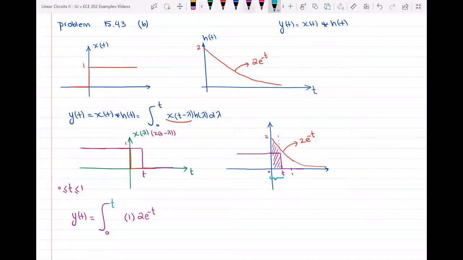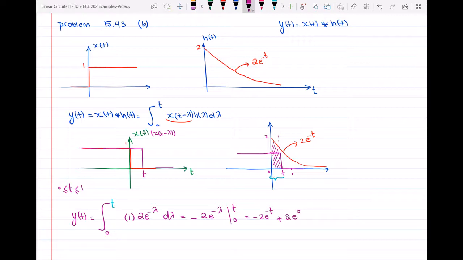All right. And actually this was supposed to be h of lambda. So this is e to the negative lambda d lambda. Right? So let's see what the result of this integral is: minus 2e to the negative lambda from 0 to t, and that would be minus 2e to the negative t, plus 2e to the 0, right?